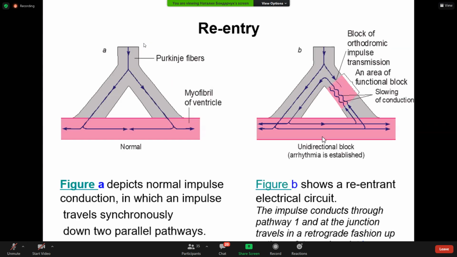What can we do? We can help the orthodromic impulse and increase automaticity, but in general, if drugs increase automaticity, they will cause additional types of arrhythmia.